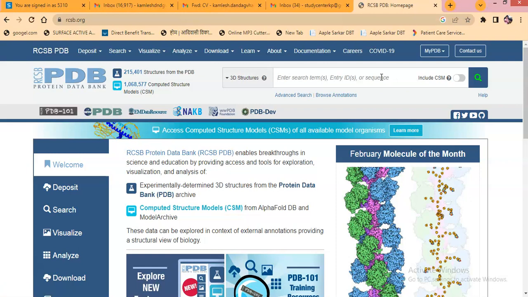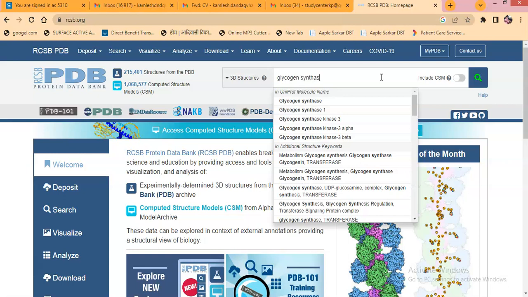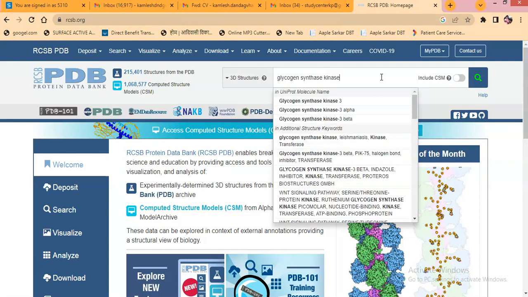So here I am going to type glycogen synthase kinase. Okay, here it is showing glycogen synthase kinase 3. Click on this.